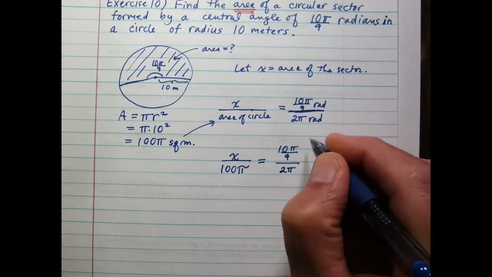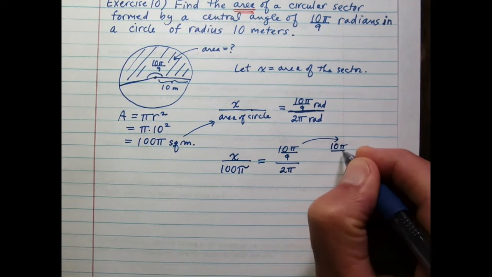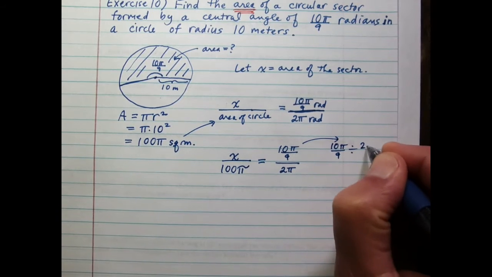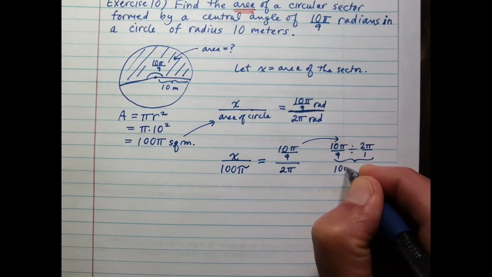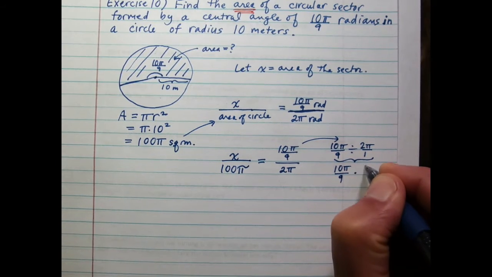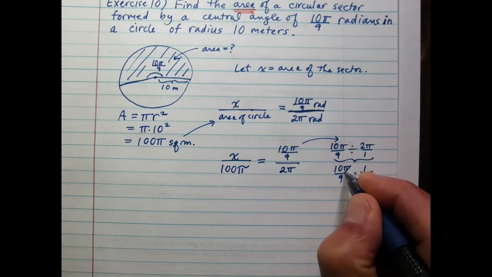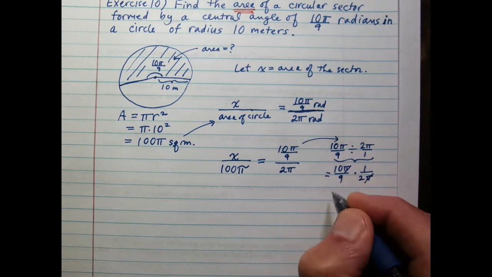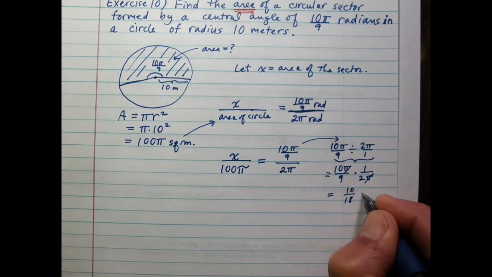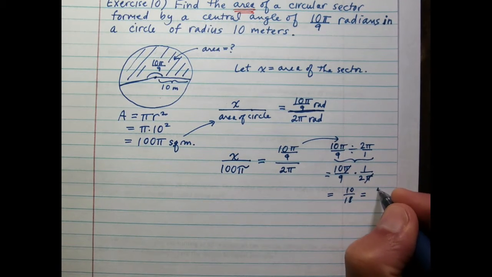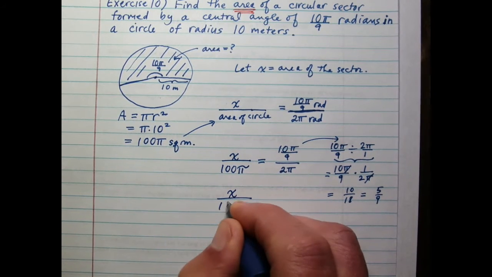And I could try to clean up the right-hand side of that. 10 pi over 9 divided by 2 pi over 1. I'm just going to carry out that division, and it looks like the pi's cancel. I get 10/18, and of course I can reduce that to 5/9. So that whole right-hand side becomes 5/9.